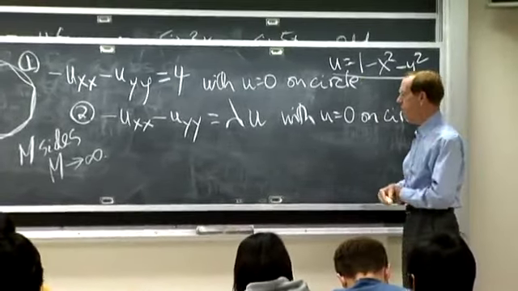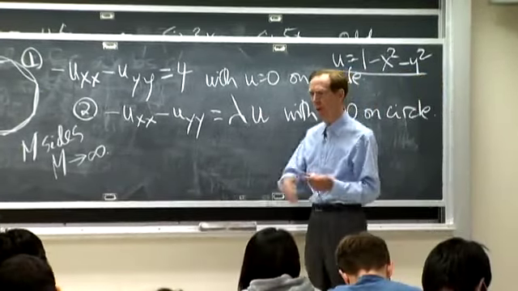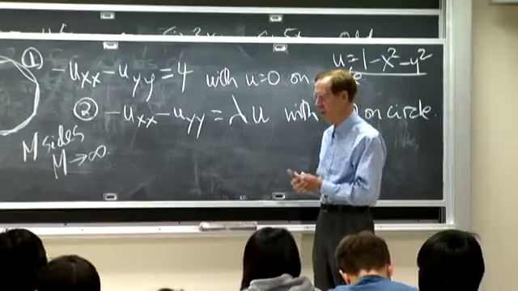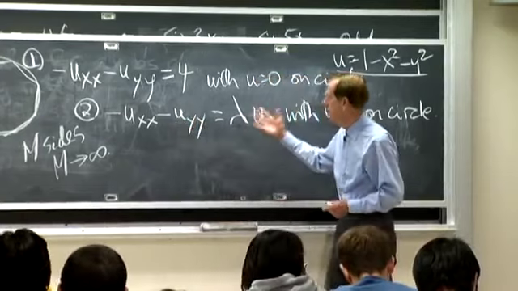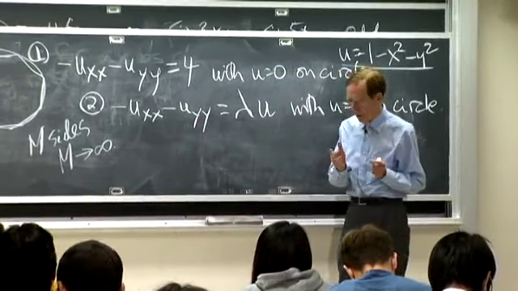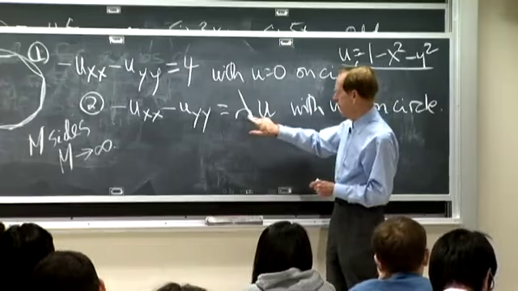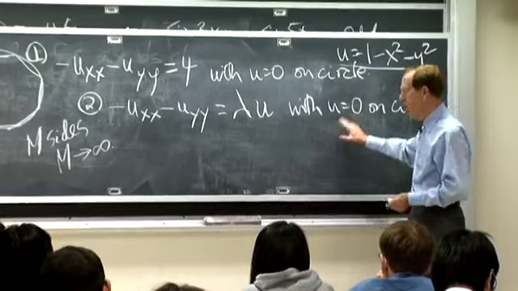This is Laplace's eigenvalue problem, because we have Laplace's equation and an eigenvalue. As always, it's not linear, because we have two unknowns, lambda multiplying u, and we have boundary conditions.